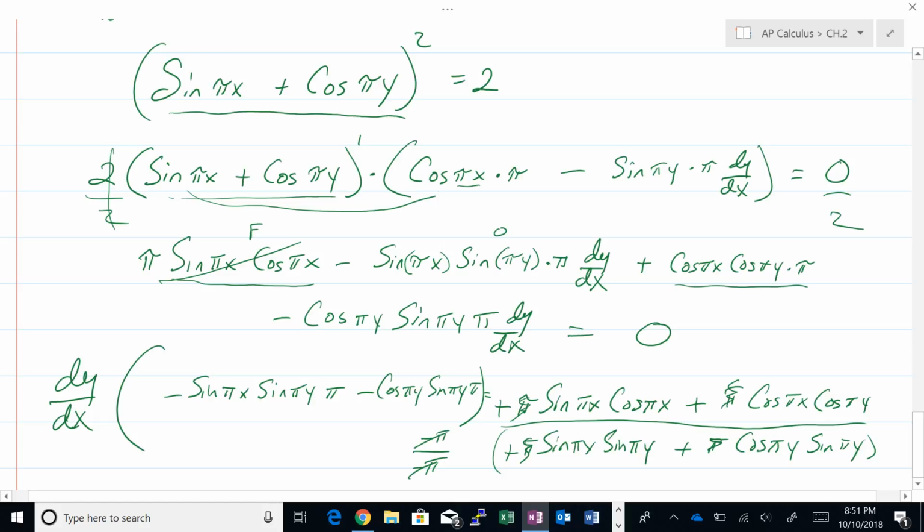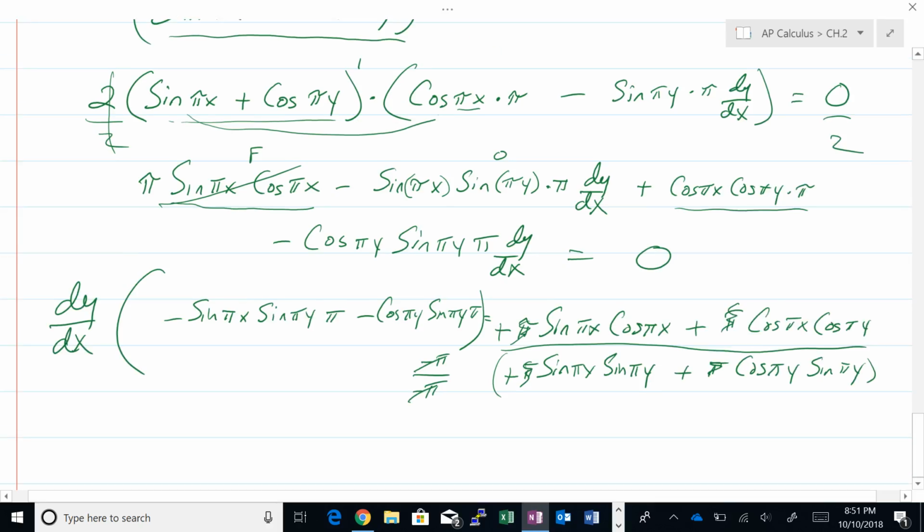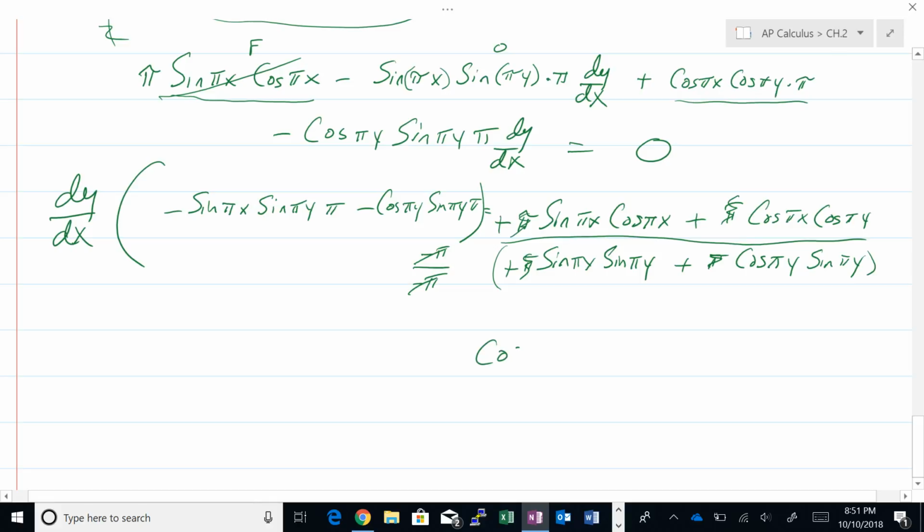Like that. Now the top, I have a sine of pi x, I have a cosine of pi x, cosine. So I could factor out a cosine of pi x in the top, and I'd be left with sine pi x plus cosine of pi y.